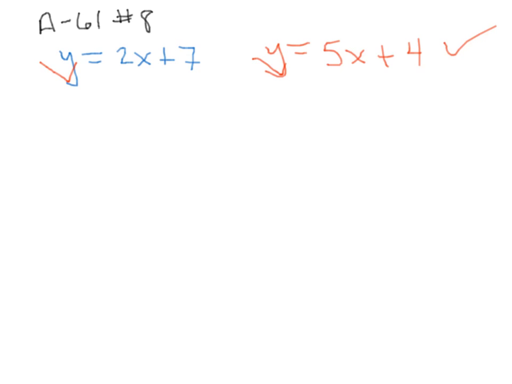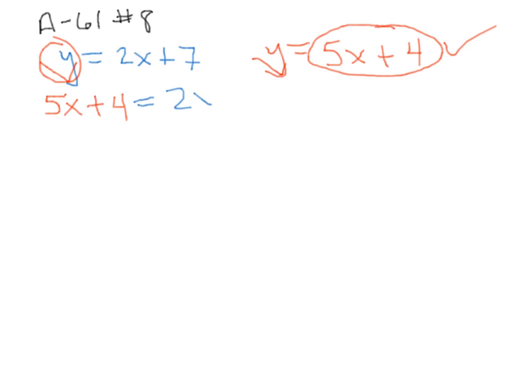So I'm going to substitute this value for y into this equation right here. So that's going to give me 5x plus 4, and then I switch my pens, is equal to 2x plus 7. That ends step 2.